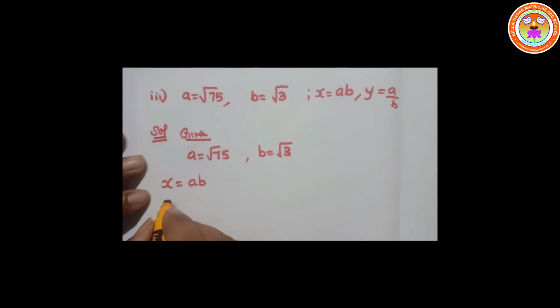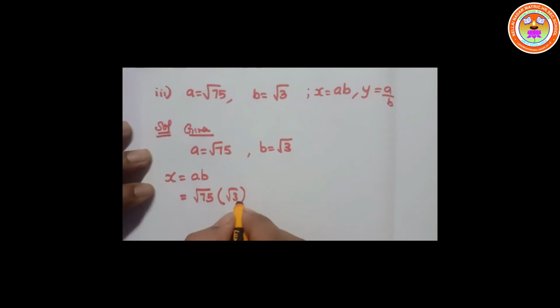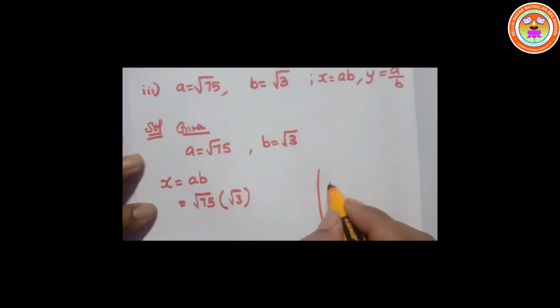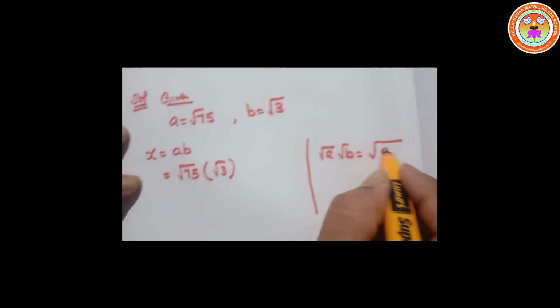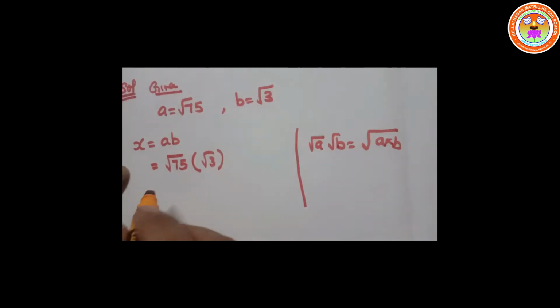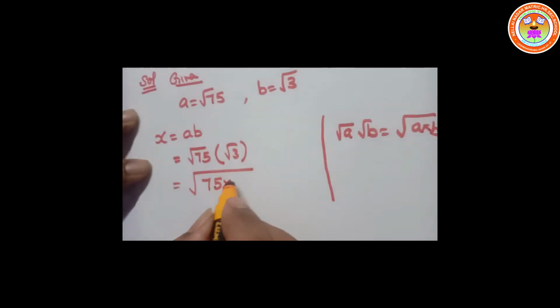x equal to a into b. a is what? Root 75. b is what? Root 3. Right? Now we know that root a into root b can be written as root of a into b. Same way you can write root of 75 into 3.